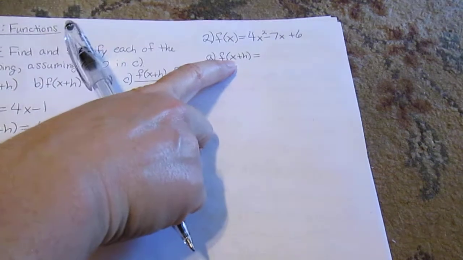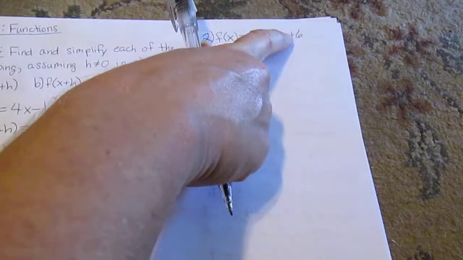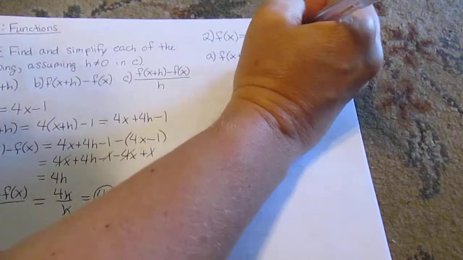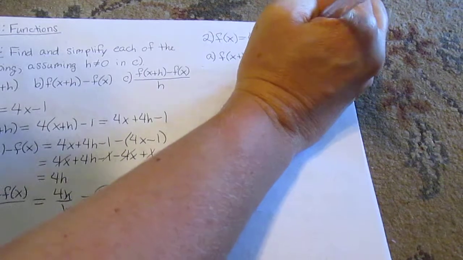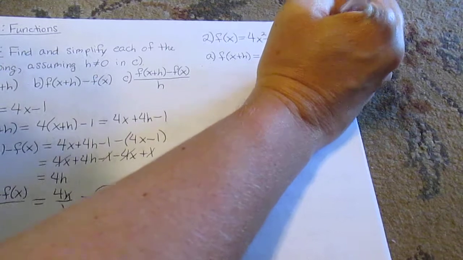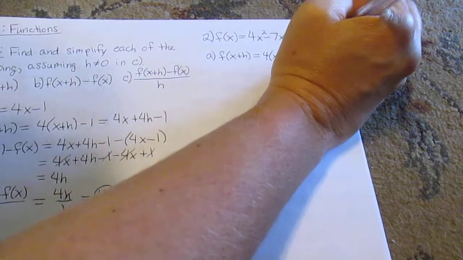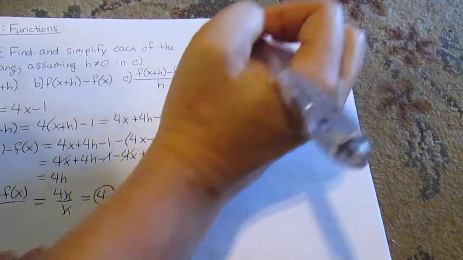Well, we're doing the same thing. This is telling us plug x plus h in wherever we see an x. So we've got 4 times x plus h squared minus 7 times x plus h plus 6.